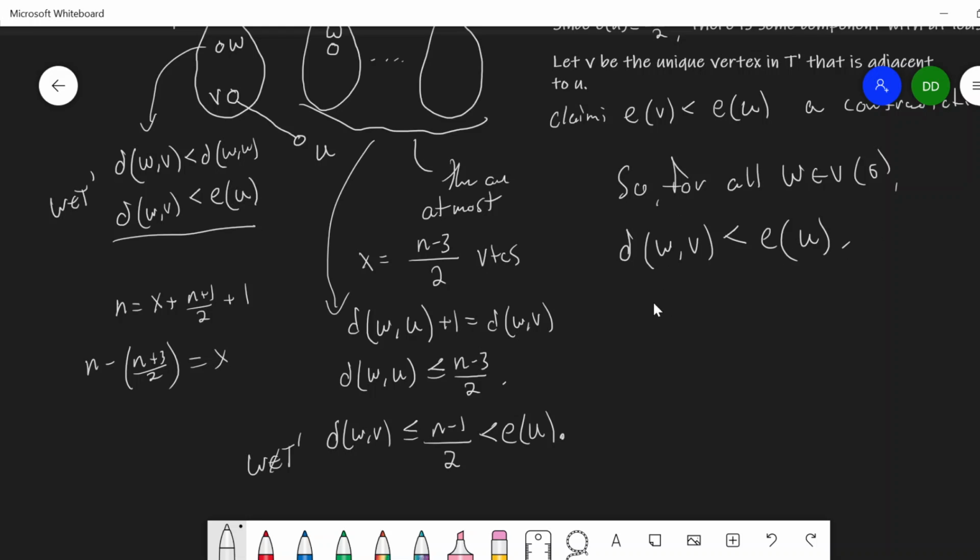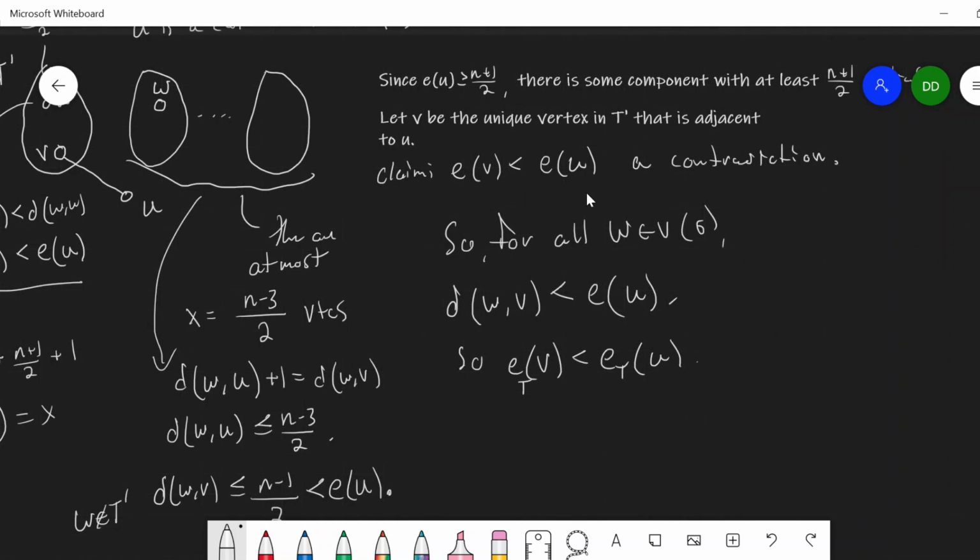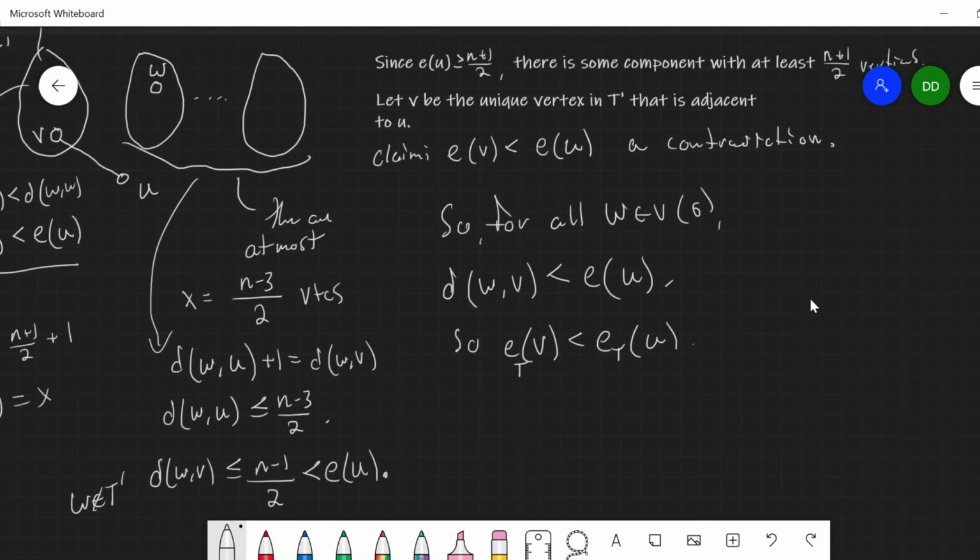The eccentricity of V in T is less than the eccentricity of U, but that's a contradiction because I chose U to be a central vertex. And that proves it.